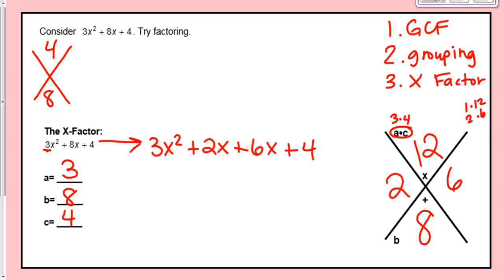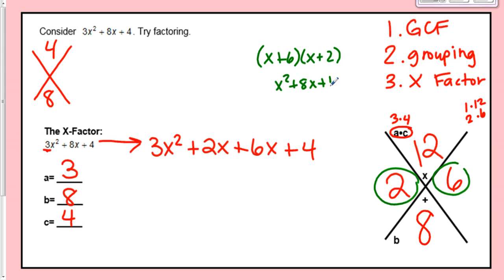We would talk about how you could just use 2 and 6 as your two pieces, right? Well, x plus 6 times x plus 2, that's going to give me x squared plus 8x plus 12. That is not going to give me this problem right here, right? So I can't do that shortcut anymore. That shortcut is long gone. Well, I shouldn't say that. It's not long gone. It just only works if a is 1, okay?